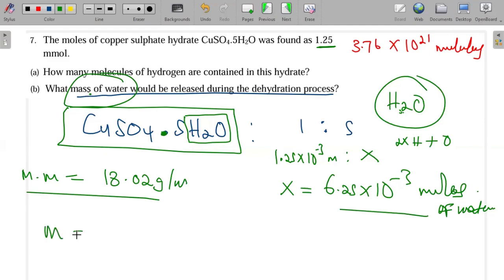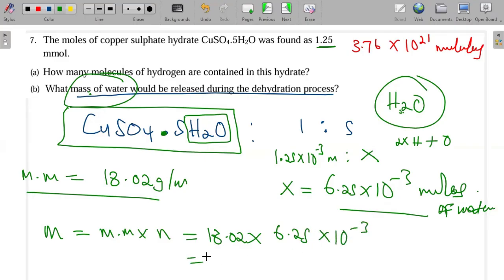Mass will just be equal to molar mass multiplied by the moles. So the molar mass is 18.02 multiplied by the moles, 6.25 times 10 to the power minus 3. I'll just put all of it directly into the calculator: 18.02 multiplied by 6.25 multiplied by 10 to the power minus 3.